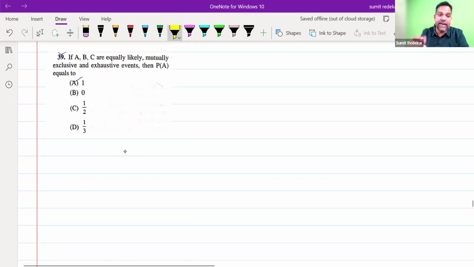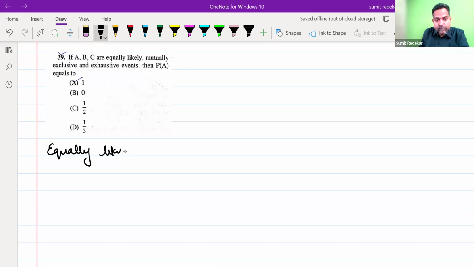Question number 39. A, B, and C are equally likely, mutually exclusive, and exhaustive. What is the probability of A? So there are 3 events, A, B, C. They are equally likely, which means that probability of A, probability of B, and probability of C is the same.